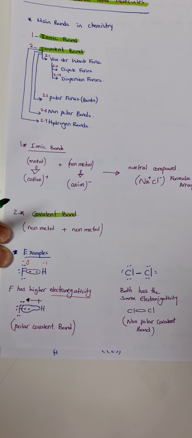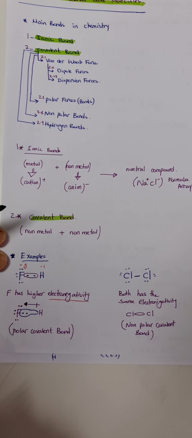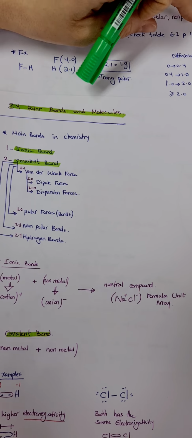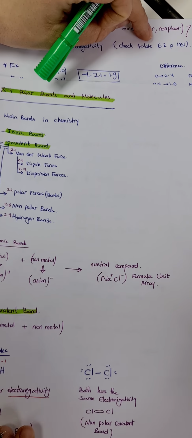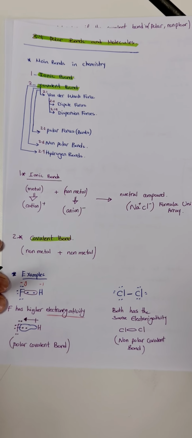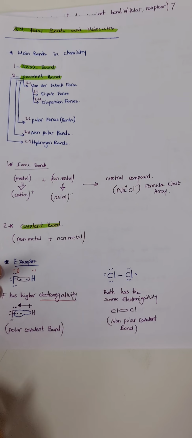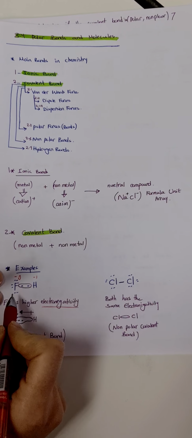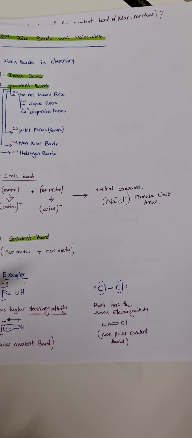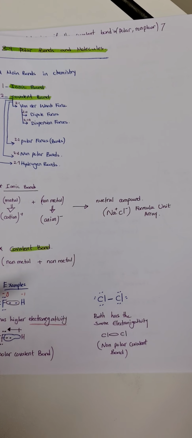How do we know the electronegativity? It is given in your book on page 168 and 181, table 6.2. You will find the electronegativity numbers to compare them. In general, we know that fluorine is the most electronegative element, so all other elements are much less than fluorine.